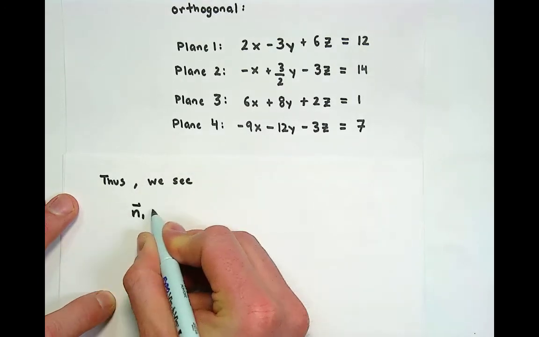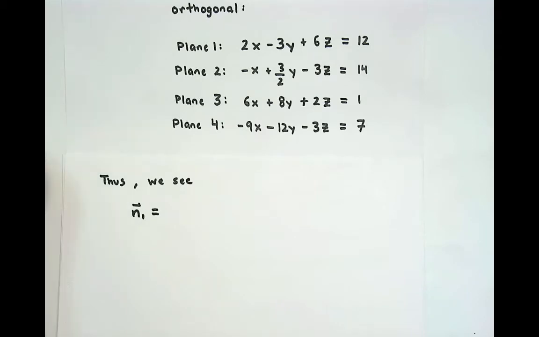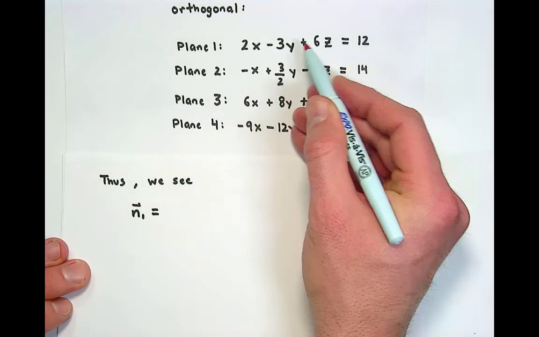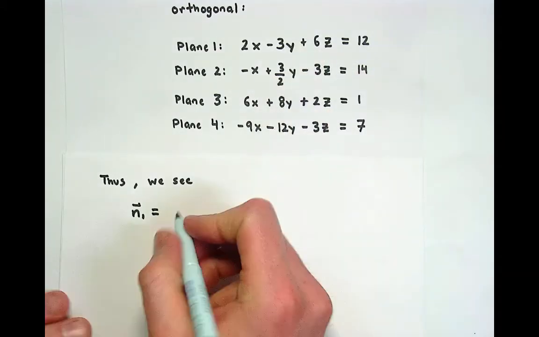In this case, we say that n1 would be the normal vector for the first plane, and notice that would be given by 2, -3, 6.